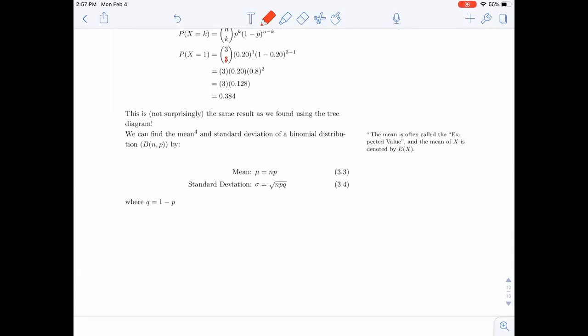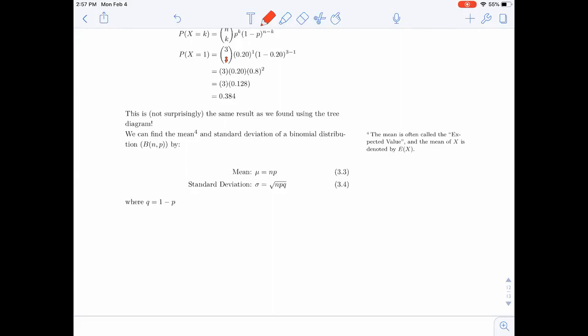How about this? For a little bit of a zip. We can find the mean and the standard deviation of a binomial distribution. In fact, we can use the normal distribution to find probabilities associated with the binomial distribution if we have a large enough number of trials.